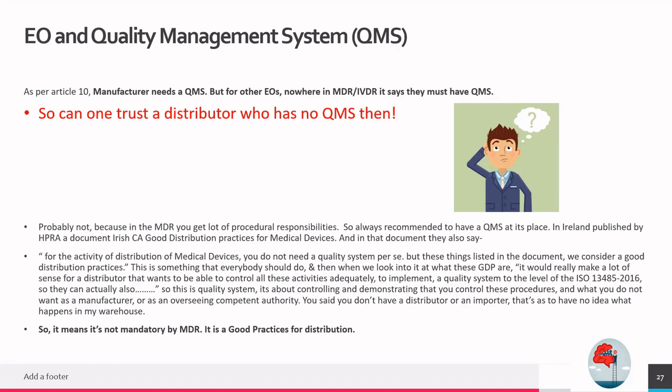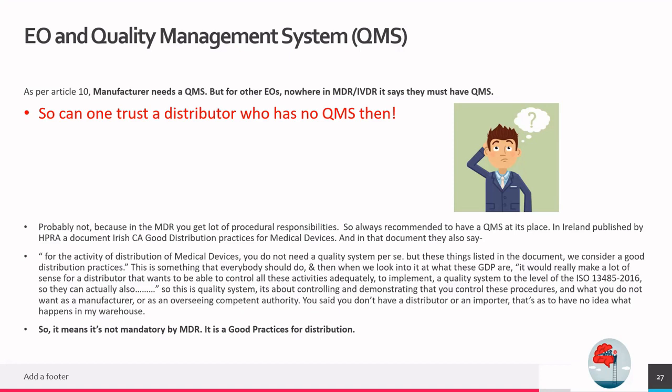And what you do not want, as a manufacturer or an overseeing competent authority, is a distributor or importer who has no idea what happens in their warehouse, right? So it's not mandated per the MDR, but it's good distribution practice for a distributor to have a QMS. So it is like that.